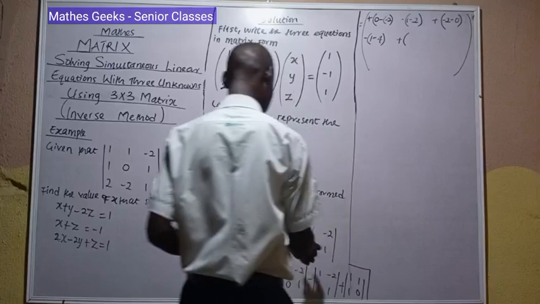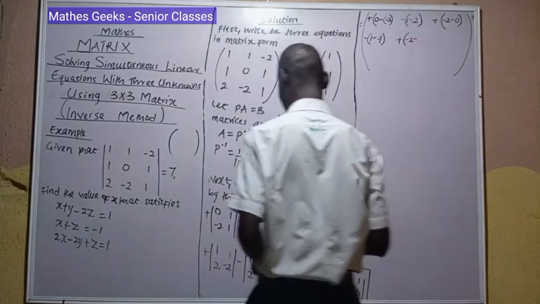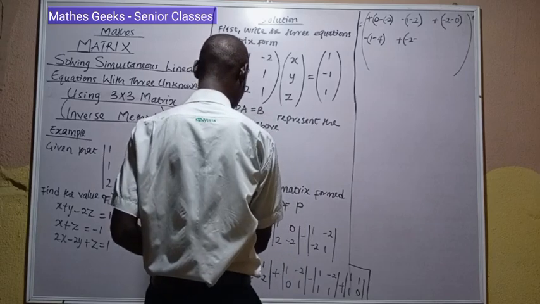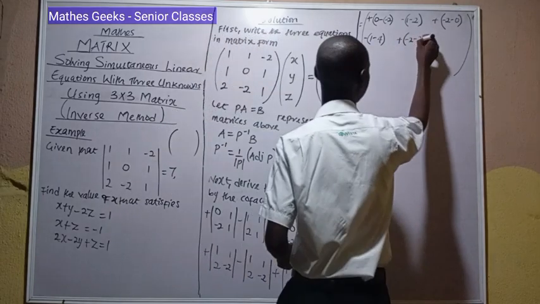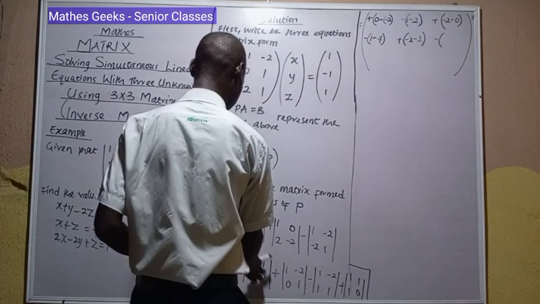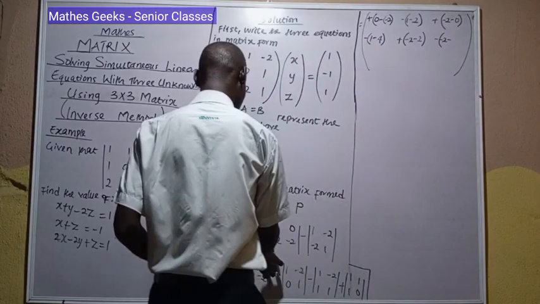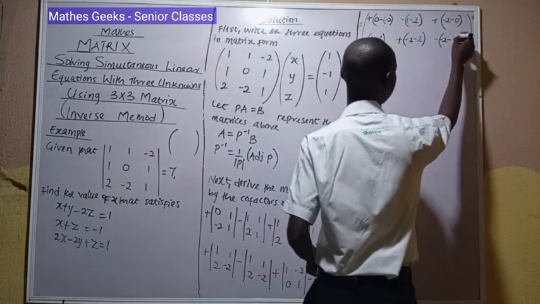Plus 1 times minus 2 minus 2 minus 1 times 2 is 2. Minus 1 times minus 2 is minus 2 minus 1 times 2 is 2.